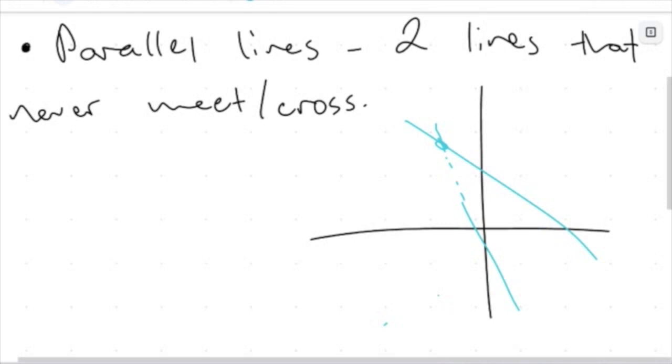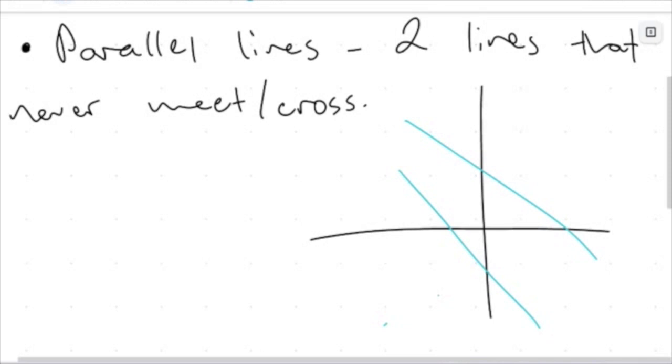Now, what do you notice I'm actually changing when I draw these different lines? For example, what am I changing with this line that I've just drawn compared to this line? Well, if I rotate this line around, say I drew it again like that, I'm changing its slope.